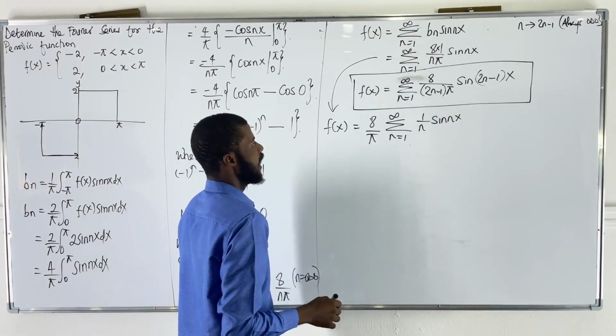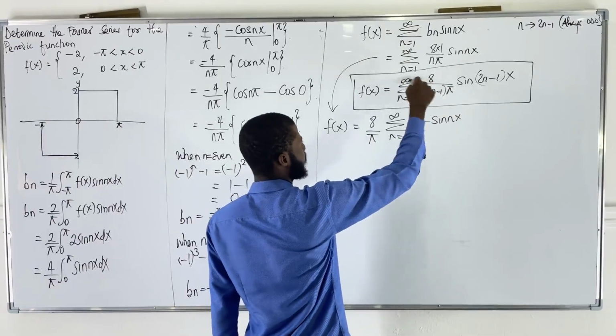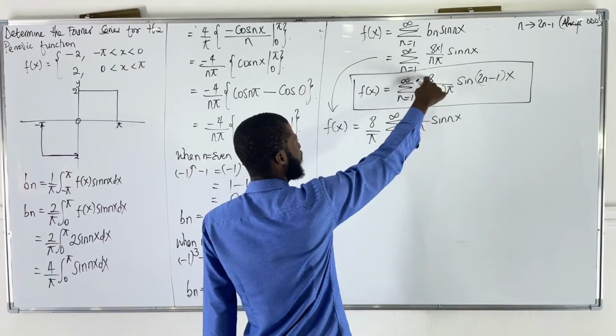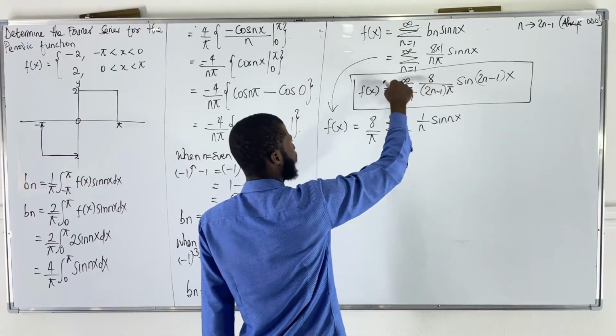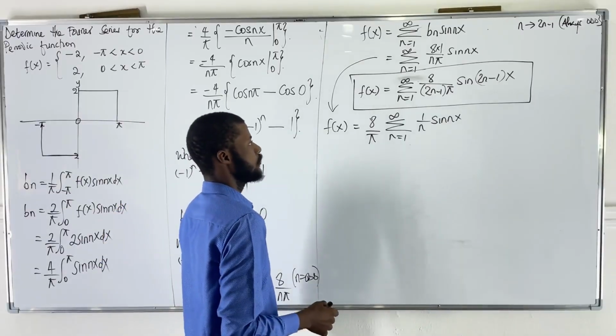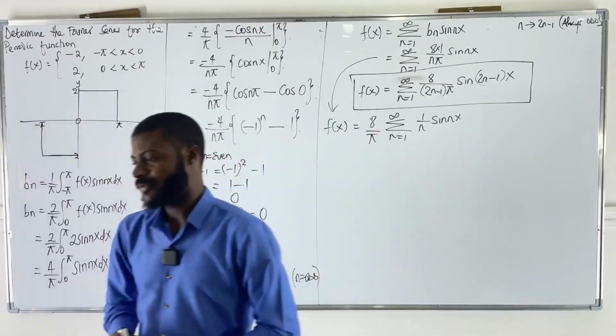And in fact, this 8 over pi can even come outside. This thing would have even been much more simplified. The 8 over pi, since it's a constant, can actually come outside. I didn't really factorize it earlier, but that's just it. So this, hold on, let me just write the other expression.